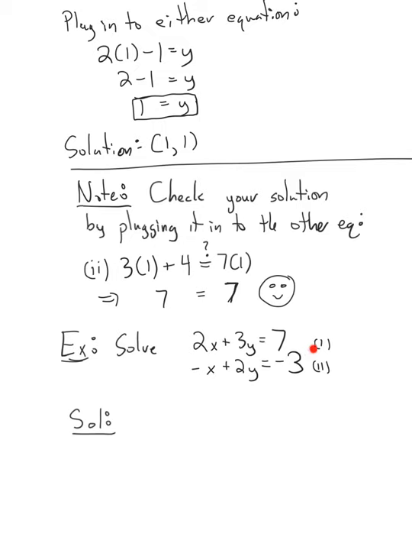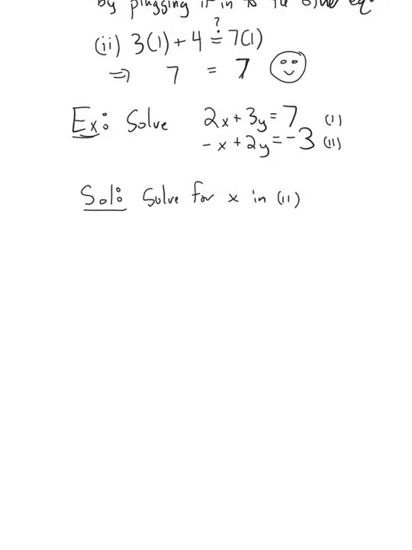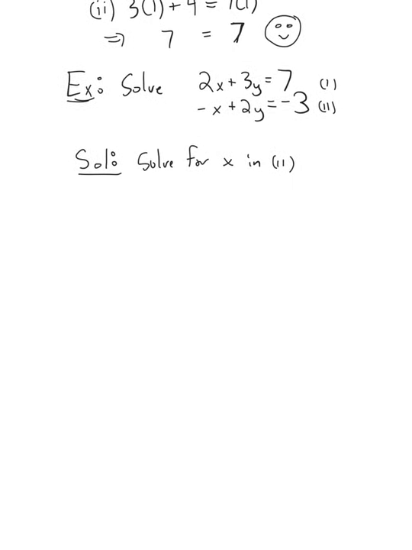But it wouldn't be wrong to solve for any of these. In fact, maybe I'll do this one in both ways. So let's solve for x in equation 2. Remember, whatever variable you solve for is going to be correct. So let's write that down.